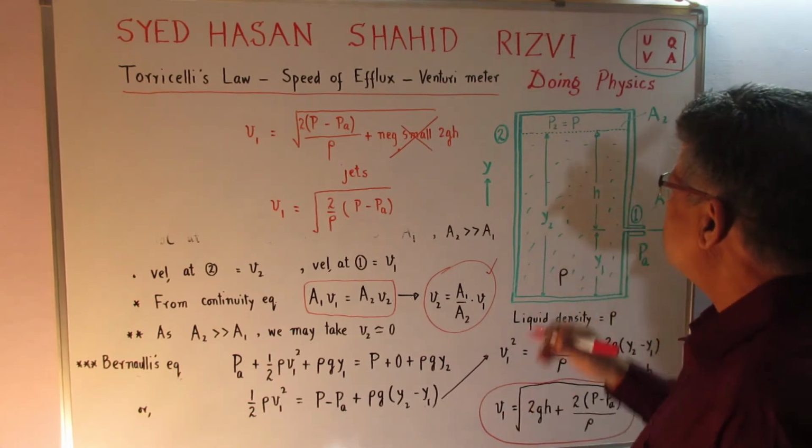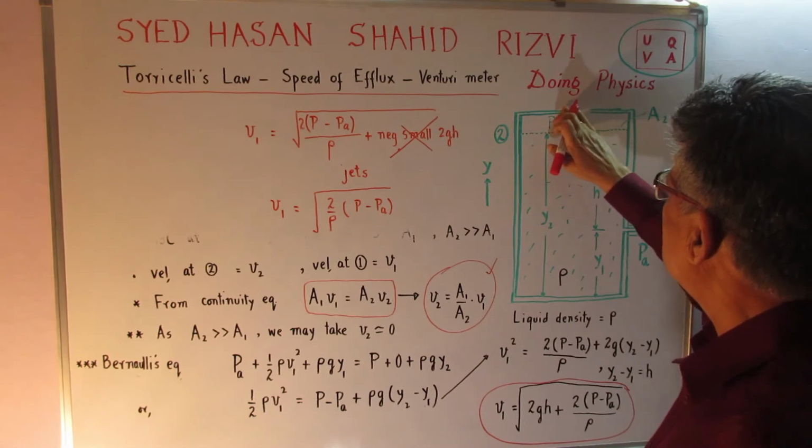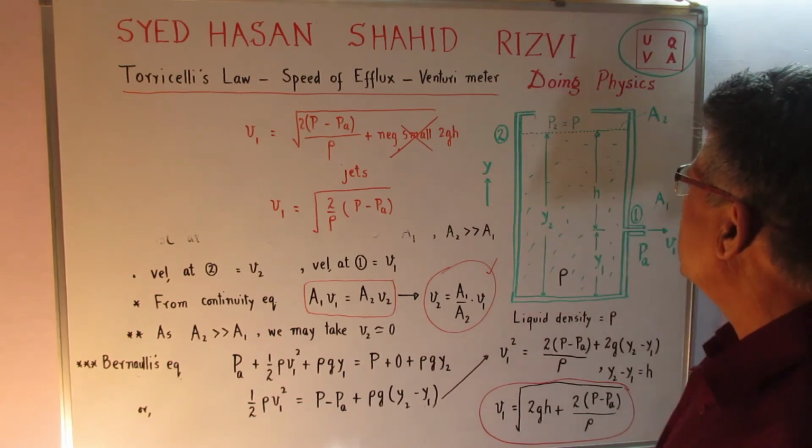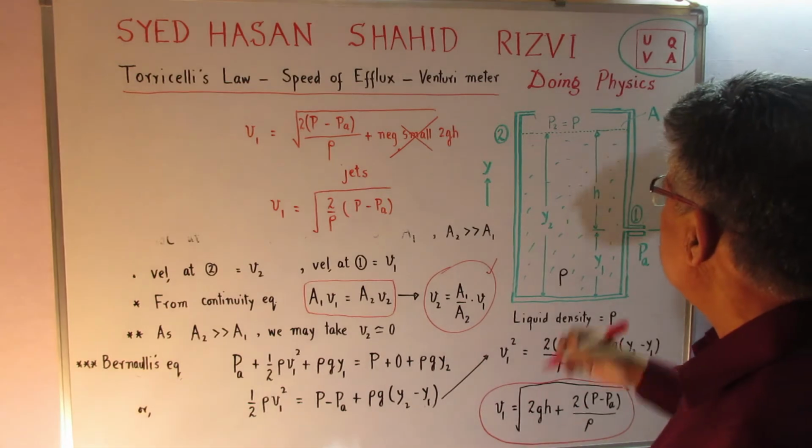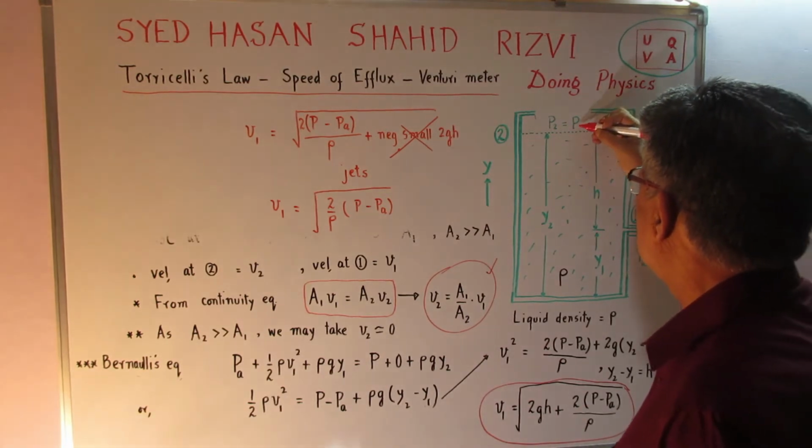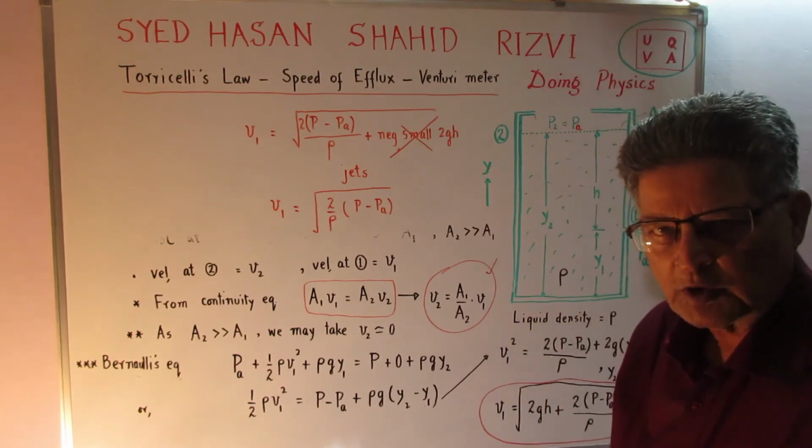Then it may happen that I may do away with the enclosure part here, and then this P2 also becomes equal to PA. Okay, P2 becomes equal to PA.